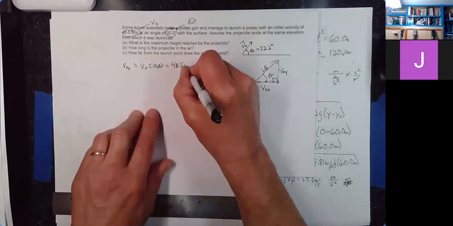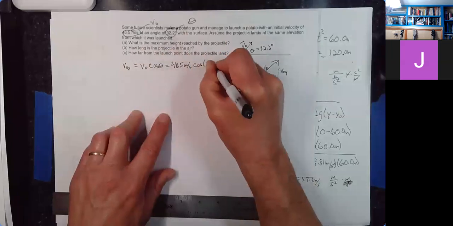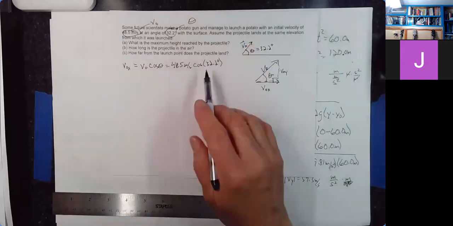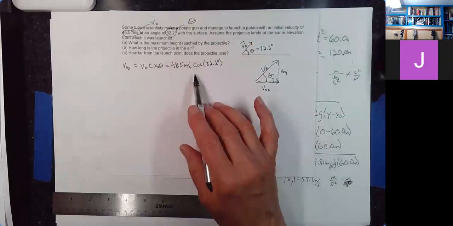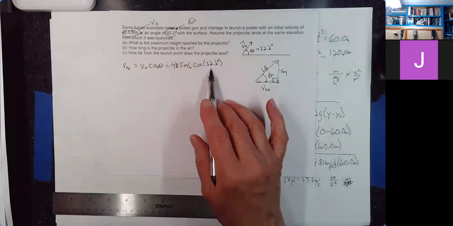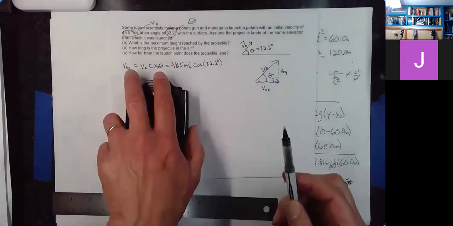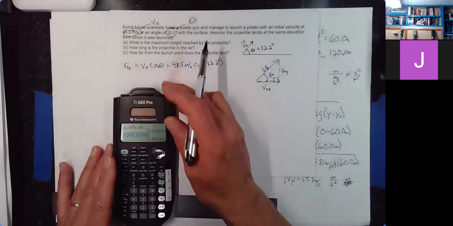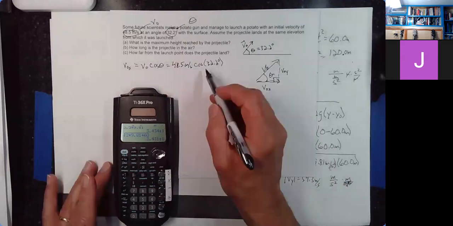48.5 meters per second cosine of 32.2 degrees. By the way, when we use a trig function and we're given an angle to so many degrees, we just assume on the trig functions that we will get the same number of significant figures out of there that we put into it. You can go crazy worrying about some of this stuff, but that's how we'll work it.